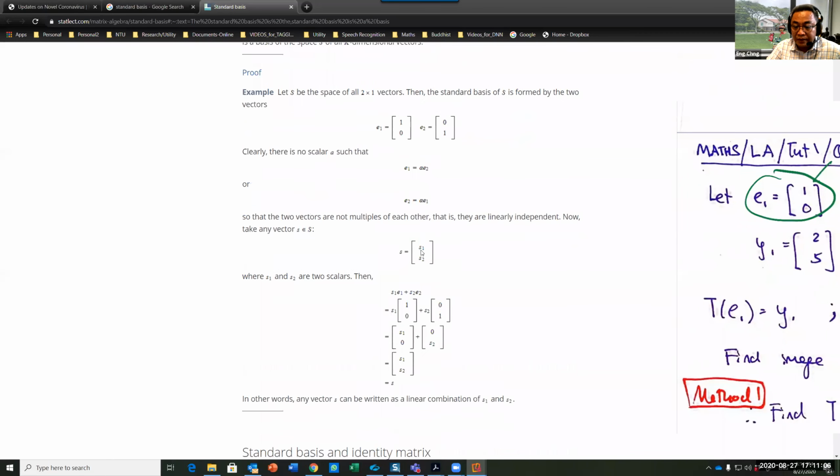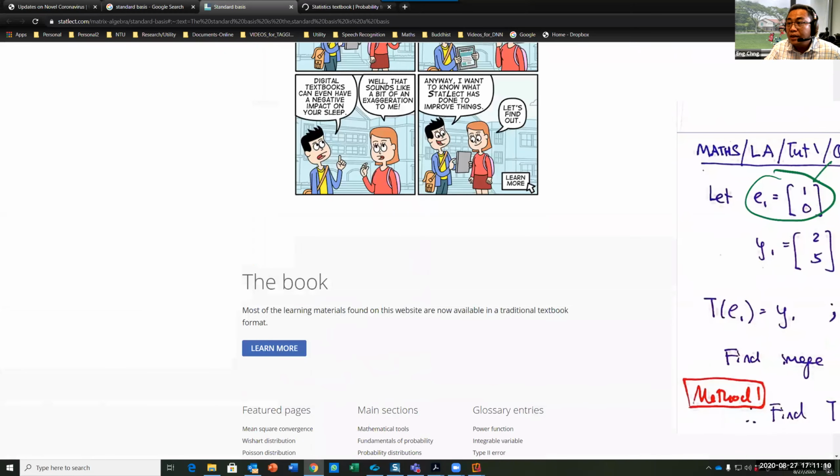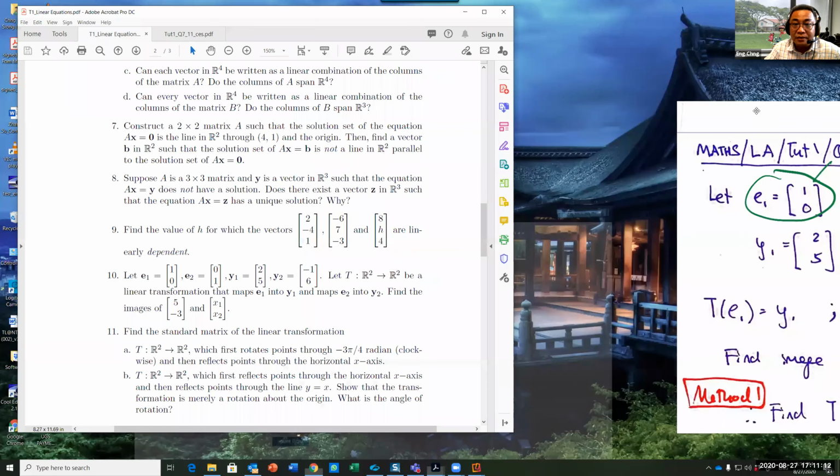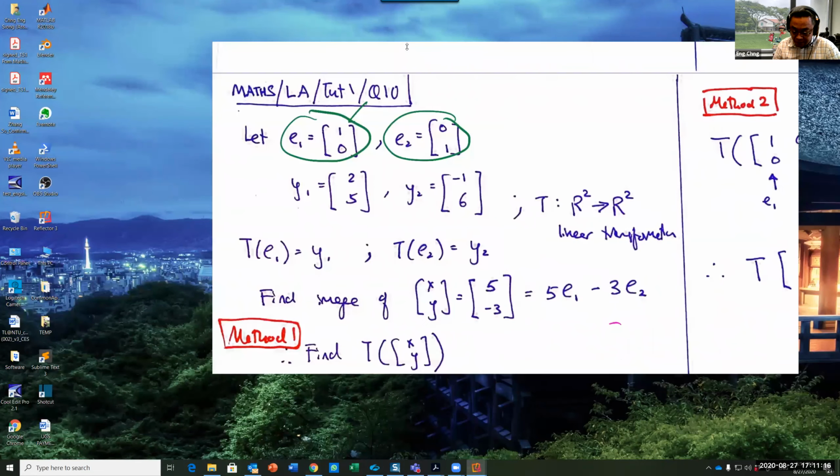And the standard basis allows us to sketch the standard way we're going to sketch the world. So in the two-dimensional world, we always say this is E1 because along the x direction is 1. So this is x. And then E2 because along the x direction is 0, but along the y direction is 1.